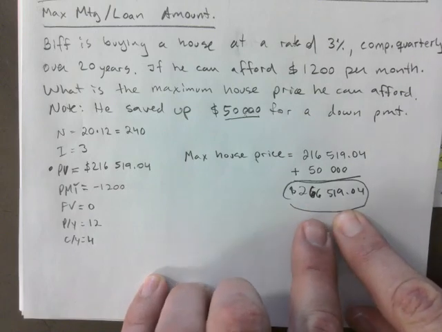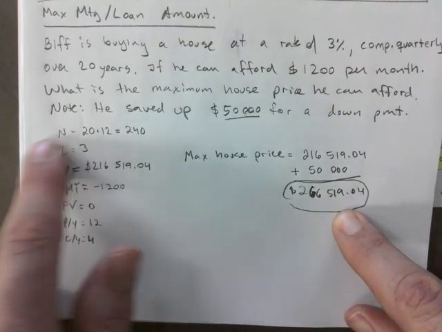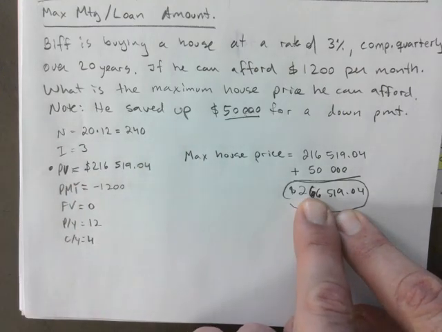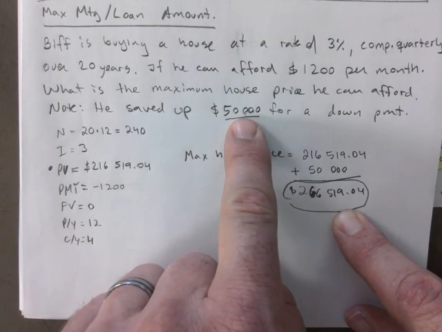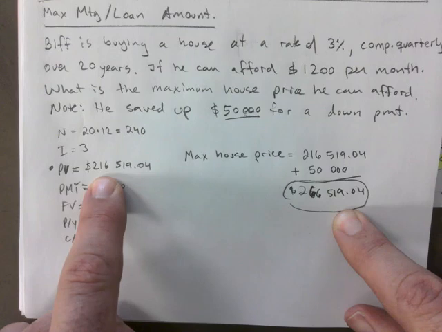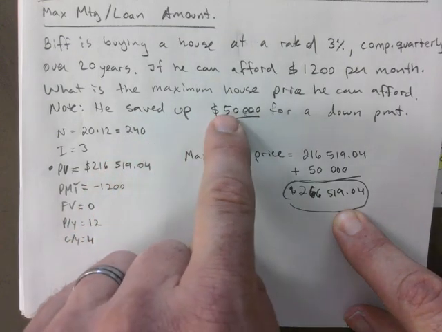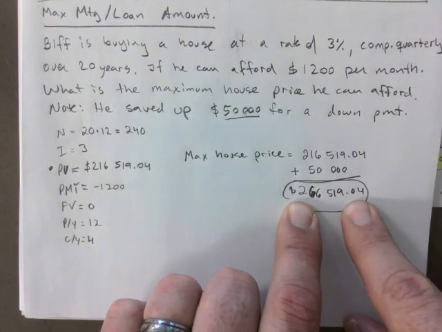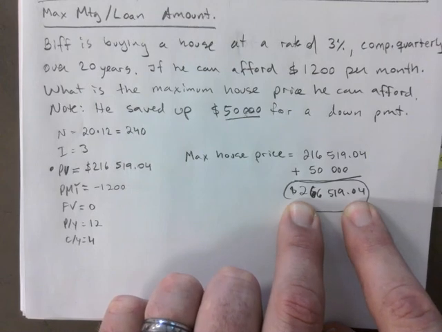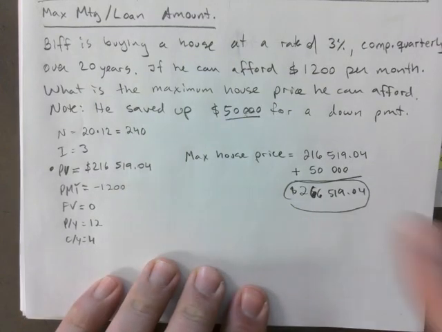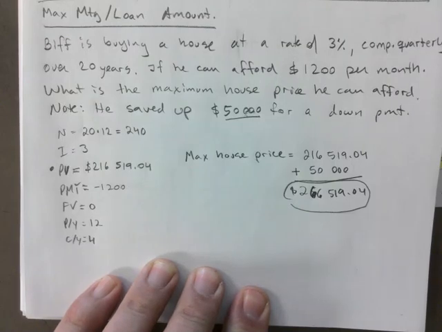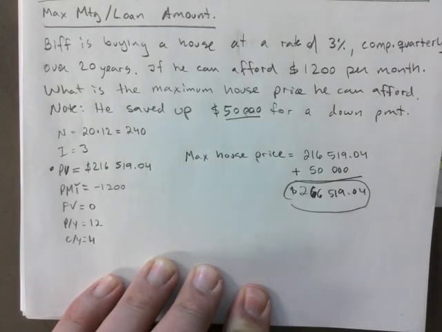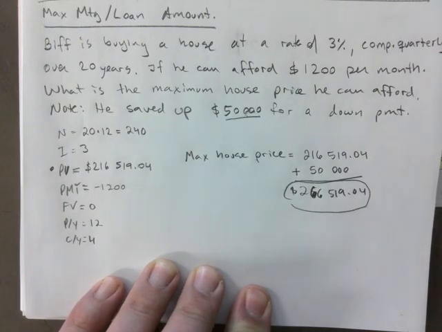Because remember, if you wanted to figure out information for Biff, you would do what? You would take this, subtract the down payment, and then put that in there, correct? So you were kind of working backwards. We're adding the down payment and saying, hey, you could technically afford a house worth $266,000 in this case. So that has to do with everything you did with the ratios. That's what the bank is gonna do. You're gonna go to the bank and say, I want the house, and you're gonna ask them what's the maximum I can afford.